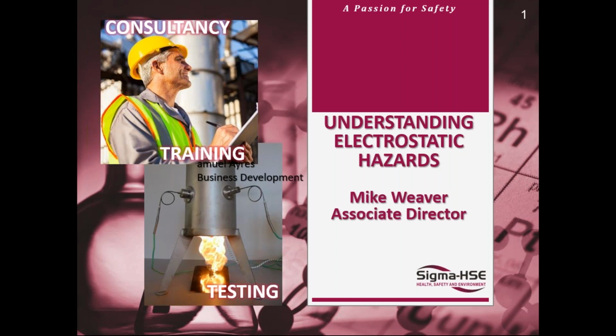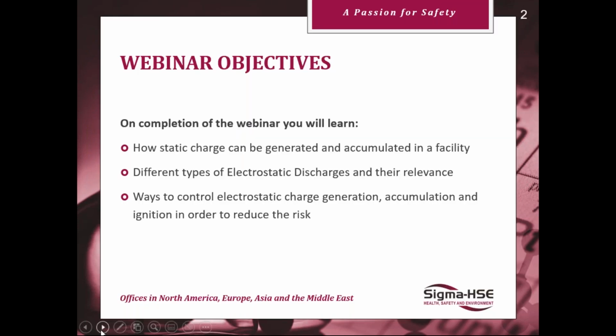So what we're going to be talking about today is understanding of electrostatic hazards. The objectives of the webinar are to look at how static charge can be generated, and more importantly, how it accumulates in a manufacturing facility.